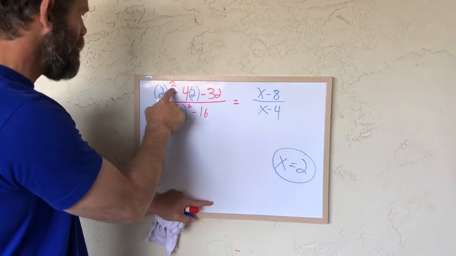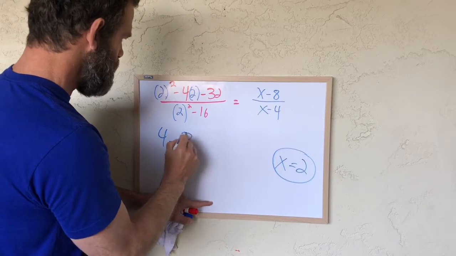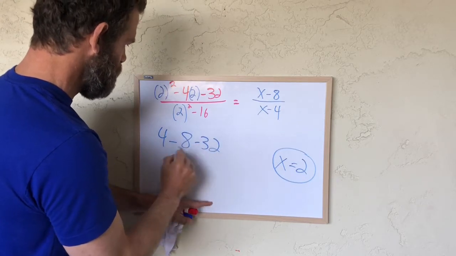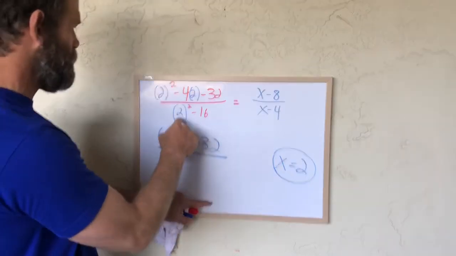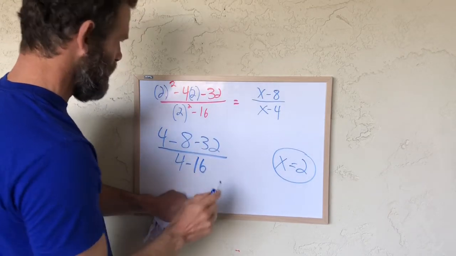Watch. 2 squared is 4, minus 4 times 2 is 8, minus 32, over 2 squared is 4, minus 16.